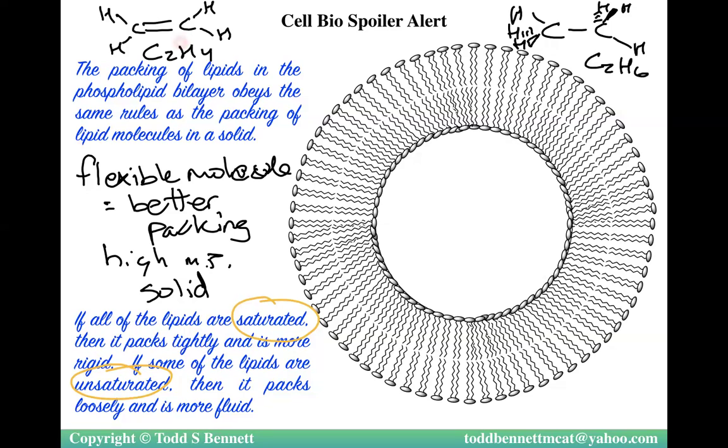So if you have more H's, if you're saturated with H's, then you have single bonds, everything sigma, no pi bonds. So it's very flexible. Saturated molecules are going to be more flexible because everything's sp3, which means they pack better and they have a higher melting point and they're solids.